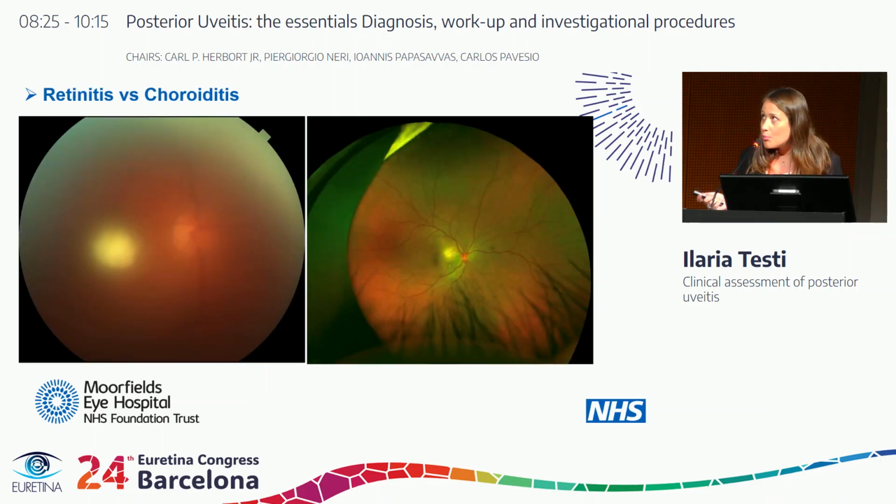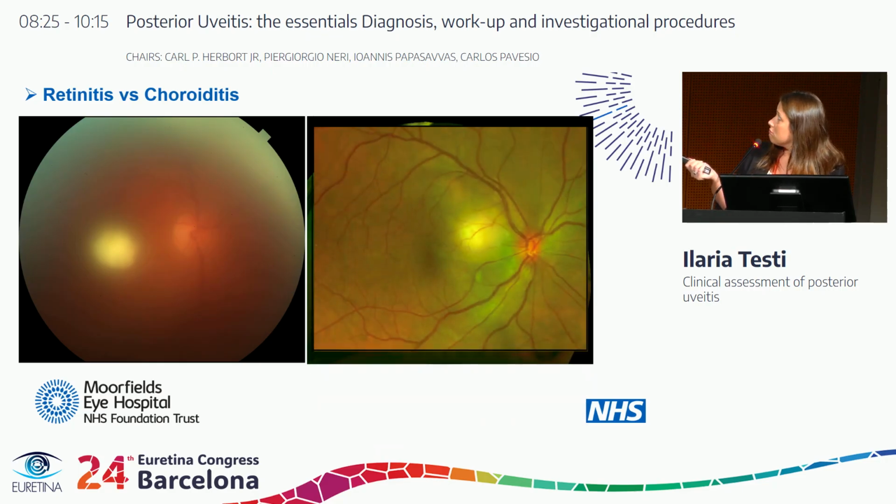First of all, make sure not to confuse retinitis with choroiditis. If you look at the picture on your left, you have a whitish area of retinitis. You have vitritis, and if you pay attention to the vessels, you see that they are obscured by the lesion.